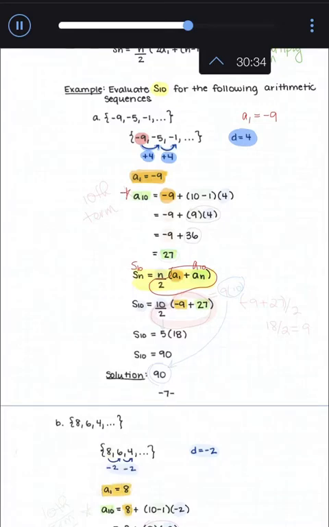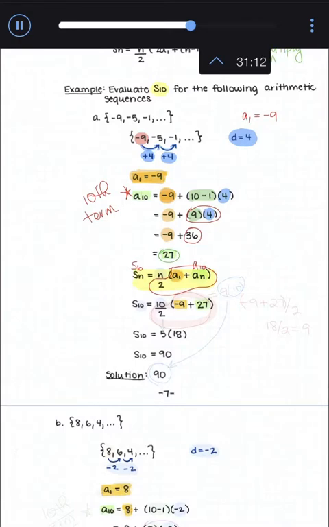So that's what I'm going to find first, the 10th term, so that I can find the sum of the first 10 terms. Remember the formula says to start with that first term, A sub 1. Then you take n minus 1, which is 10 minus 1, which is 9, and multiply by your common difference, D, which we said was 4. Well, 9 times 4 gives you 36. Added to your first term, which was -9, gives you 27 as your 10th term.